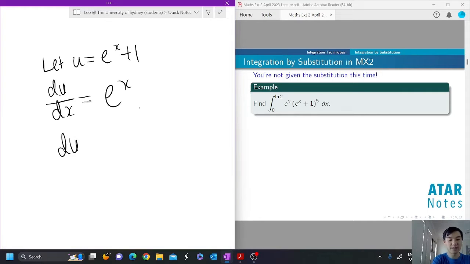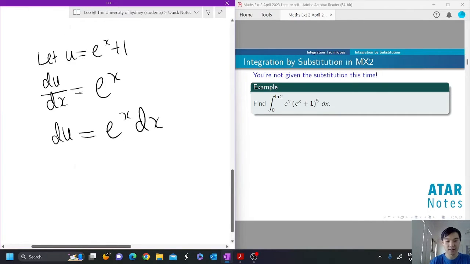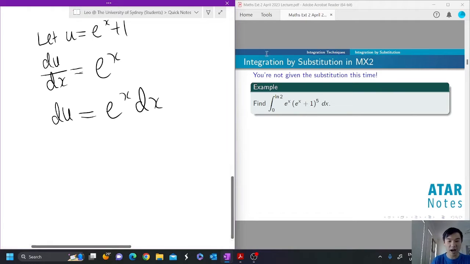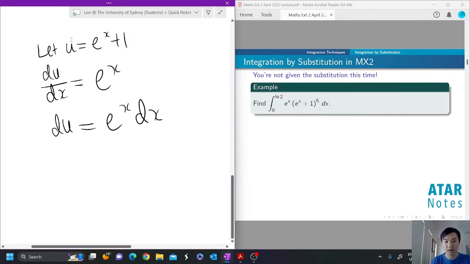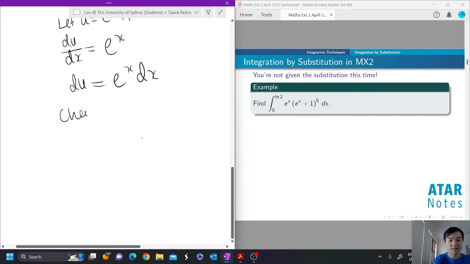So therefore, I can rearrange to say du is equal to e to the power of x dx. And therefore, the e to the power of x dx here becomes a du, and the thing inside will become u to the power of 5. So now we can just change our limits.